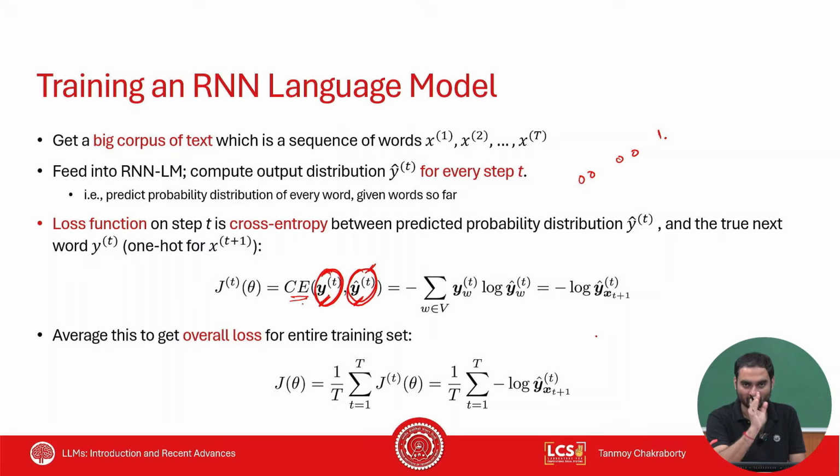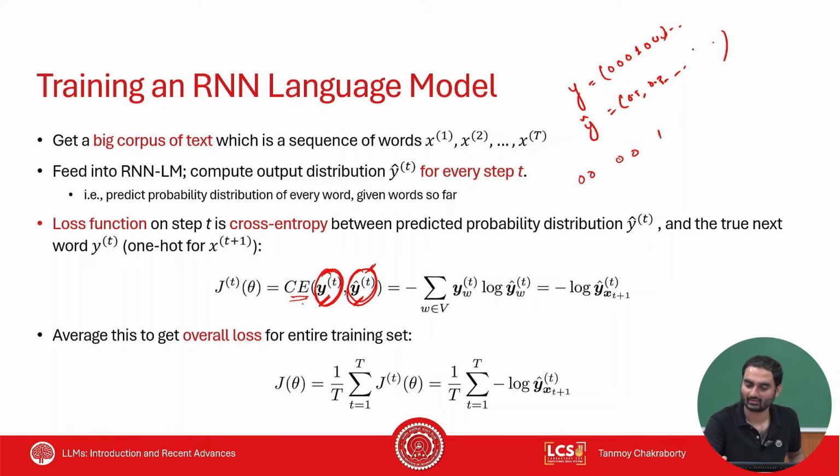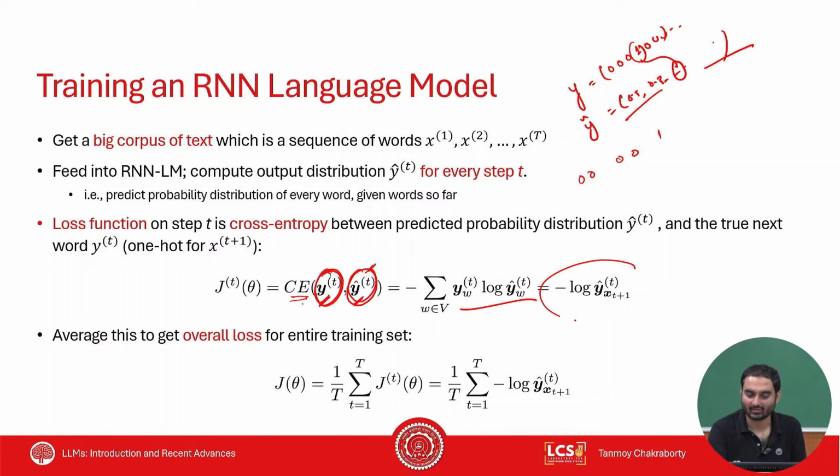If you do position-wise cross entropy, essentially you will only consider that value of y hat whose corresponding y is 1. So y looks like 0 0 0 1 0 0 0, something like that, and y hat is 0.5, 0.3, and so on. I will only consider this entry and the others will be 0 because of this multiplication. So essentially this is minus log of the probability that you generated.